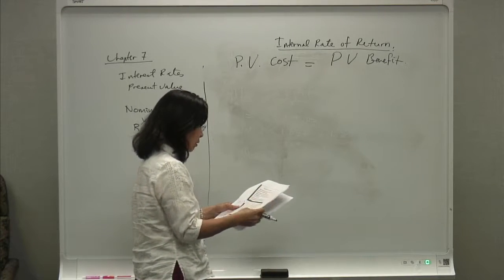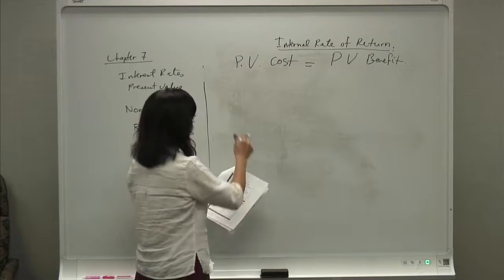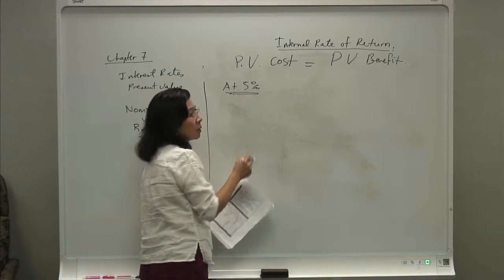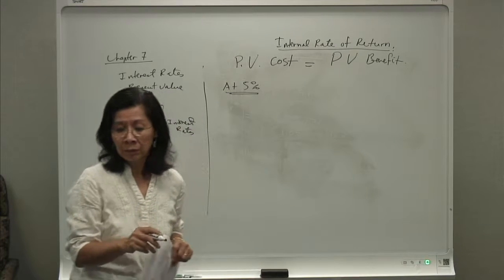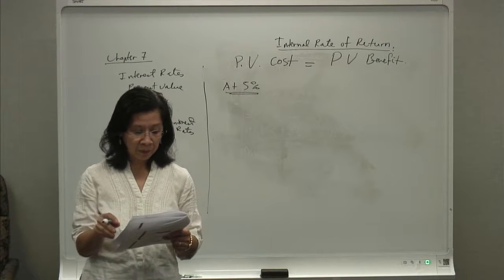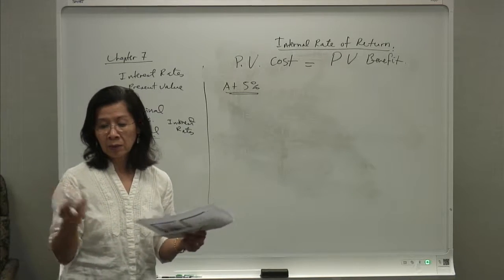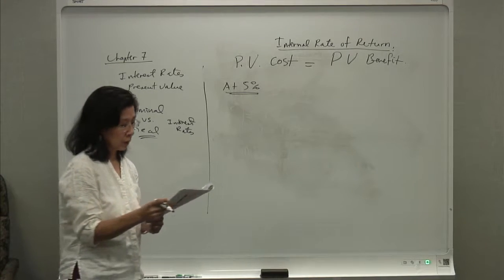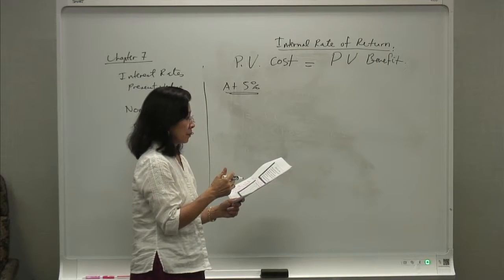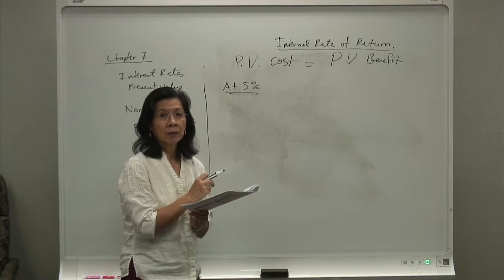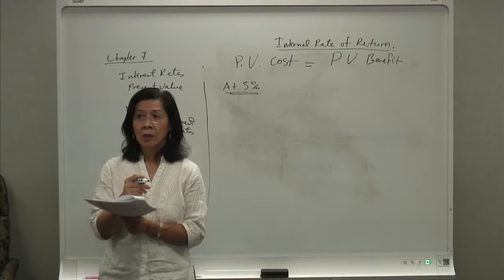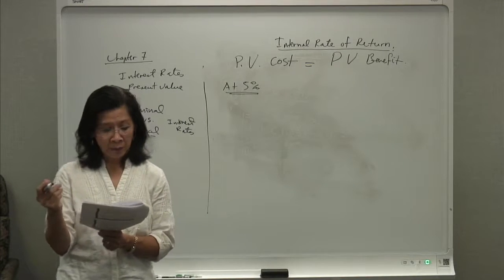So now in the first example that we want to look at, at 5%, what happened? That would be your columns 1, 2, 3, not counting the number of years. So that should be the first 4 columns there. As you can see, for the first 5 years you have a present value cost of $500, because you invest $100 every year for the first 5 years.